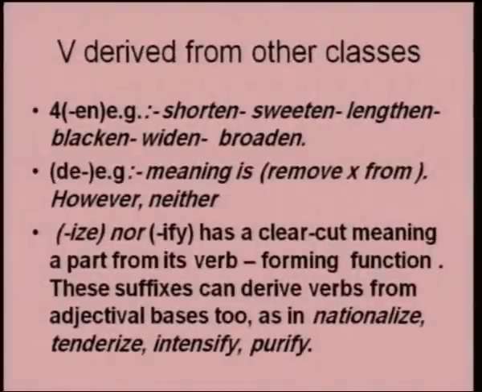We have verbs derived from other classes by adding en to the adjective. I say short, shorten. Sweet, length, black, wide, broad. This is by adding en, as you see. We have de. This is for having a verb by adding prefix.